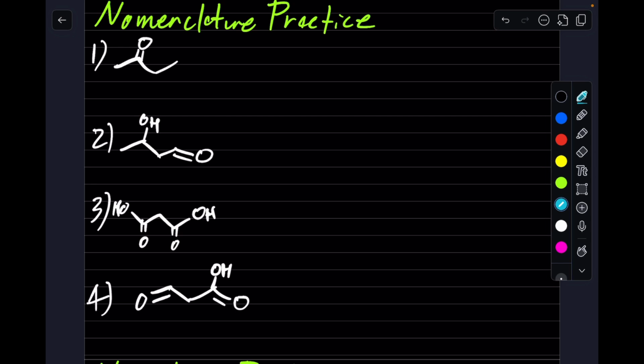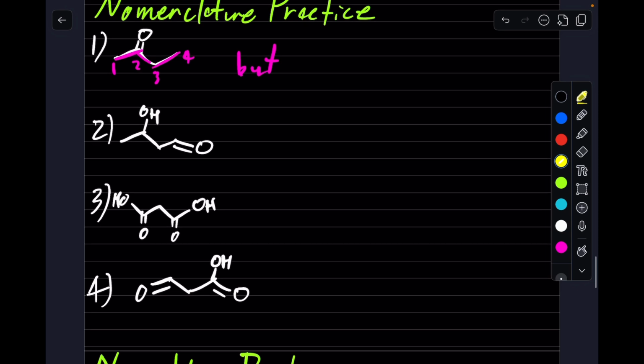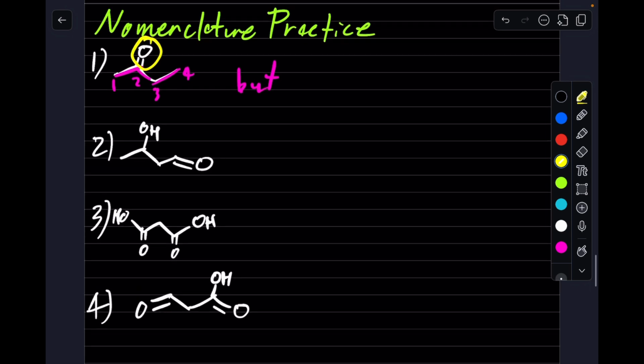Okay, so starting off with question one, we just have to identify the main chain, which has 4 carbon atoms, making this a butyl chain. And we also have this substituent right here, which is a carbonyl substituent.